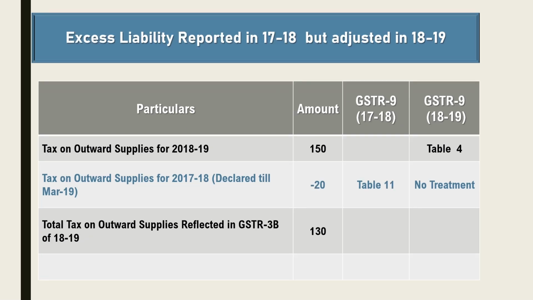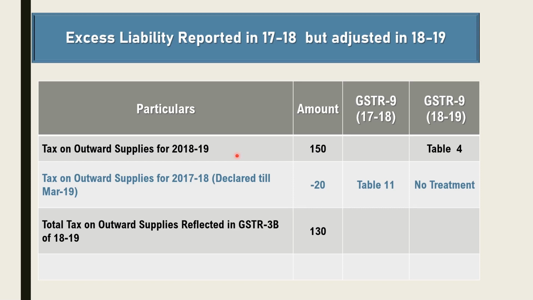Now coming to the second example, there was excess liability reported in 17-18 but adjusted in GSTR 3B of 18-19. Take an example where total liability reported in 18-19 is 130 rupees, out of which liability pertaining to 18-19 is 150 rupees and 20 rupees is excess liability reported in GSTR 3B of 17-18 which was adjusted in GSTR 3B of 18-19.